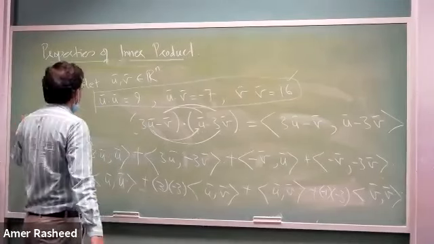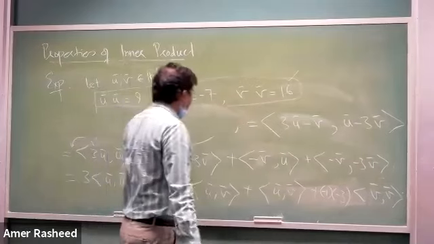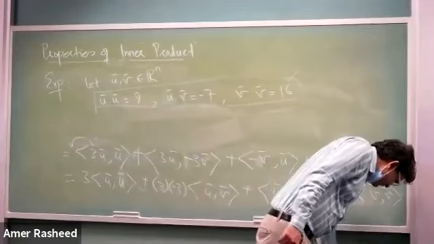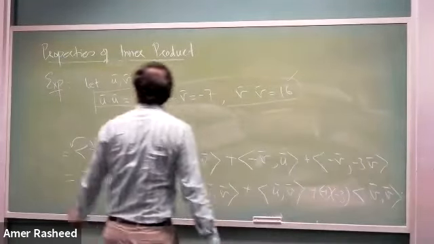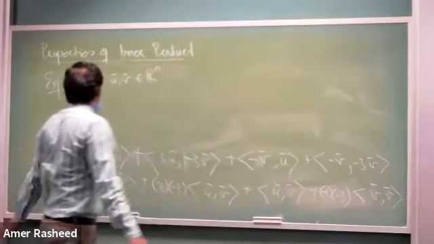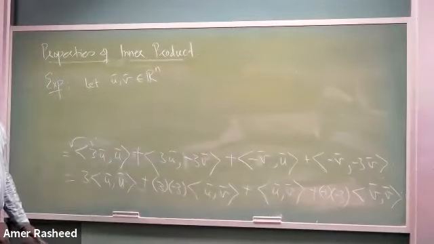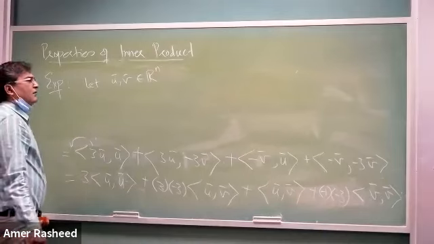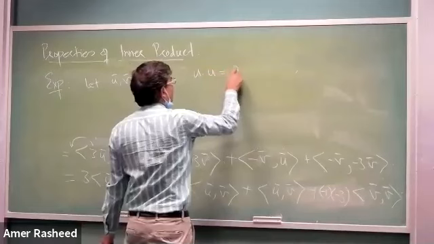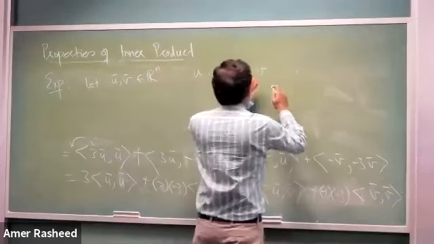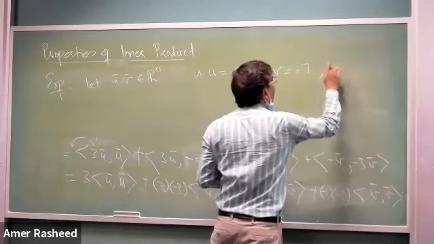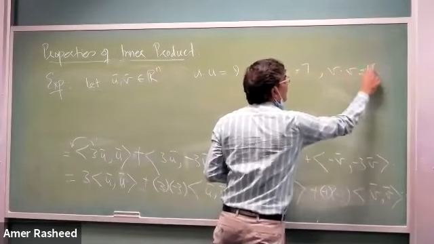The next thing is a very basic thing, but let me ask you if you know it or not. For example, if someone asks you, from the same setting, u dot u is 9, u dot v is -7, and v dot v is 16.